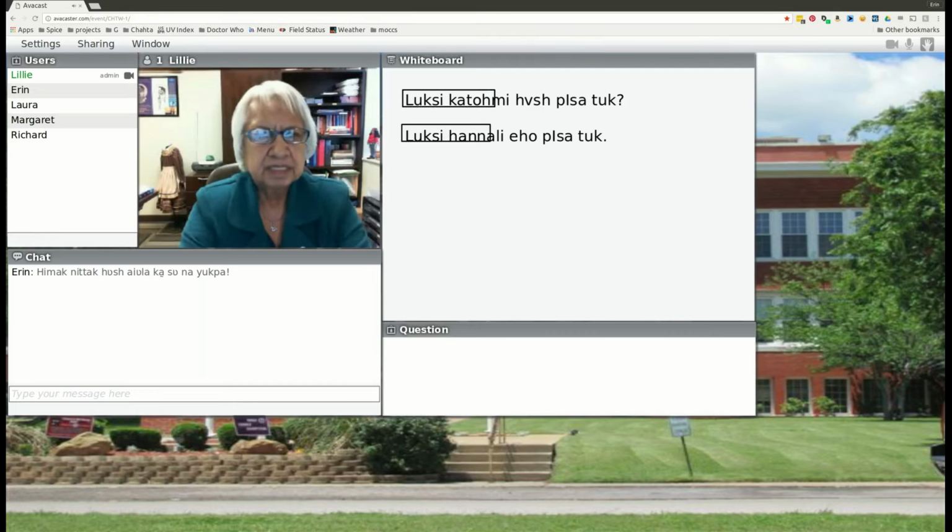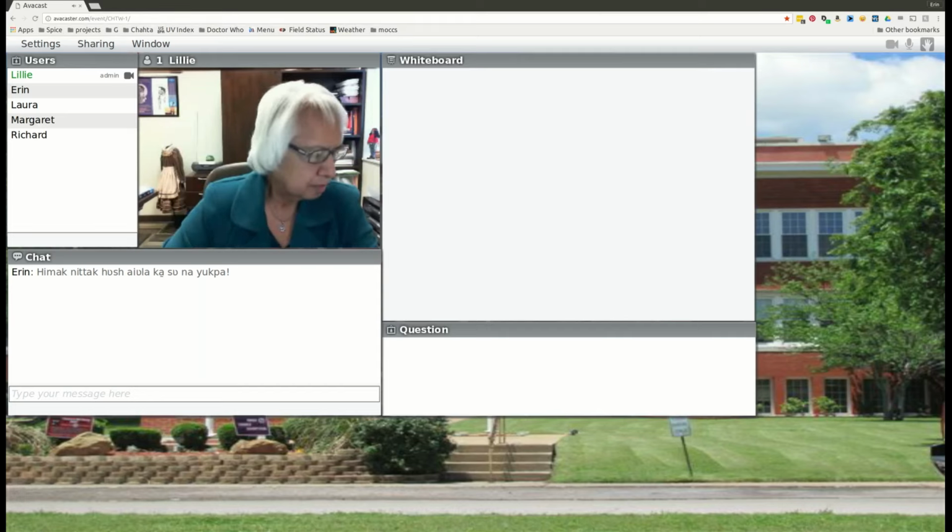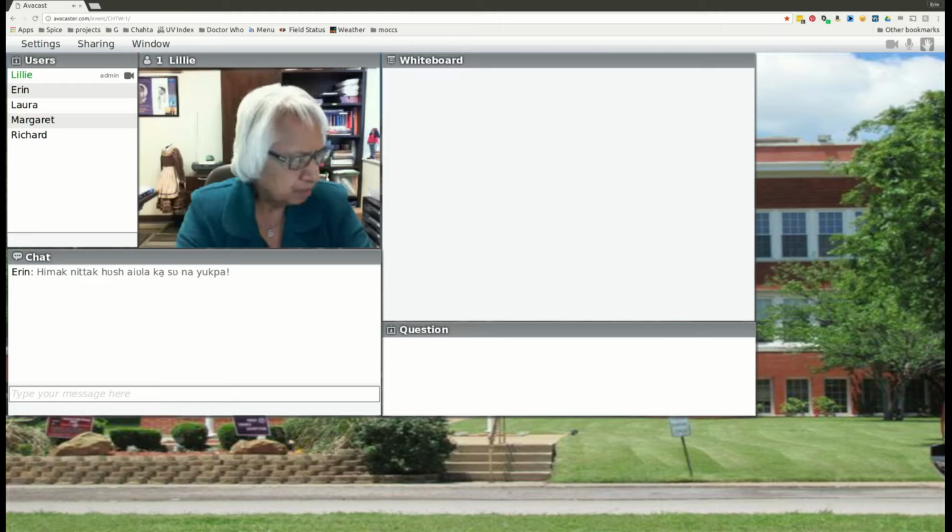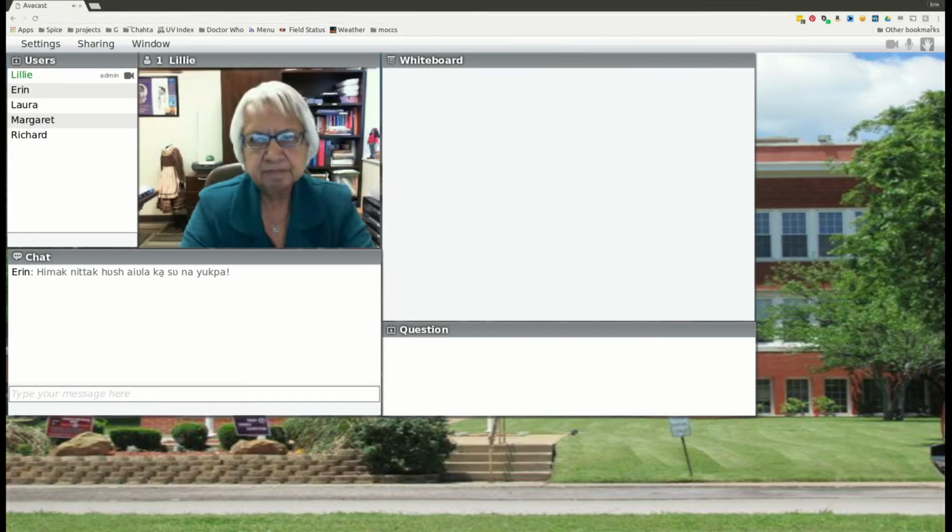How many birds are flying outside? So in the place of hoshi katohmi, you see hoshi tuchina. In example D, hoshi tuchina yat kuchahili.